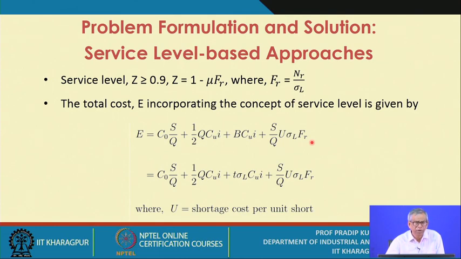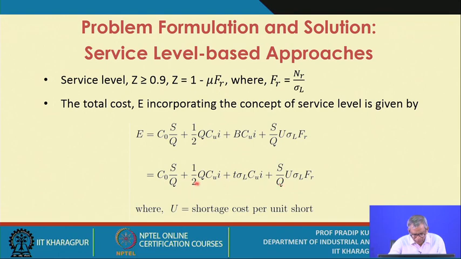What is FR? FR equals NR by sigma L. So obviously sigma L into FR is the expected number of units short, and for 3 different demand distributions we have already derived 3 different expressions for NR. Okay, so if you have these expressions for NR, obviously you can write down all the 4 components explicitly in the total cost equation in a given situation.